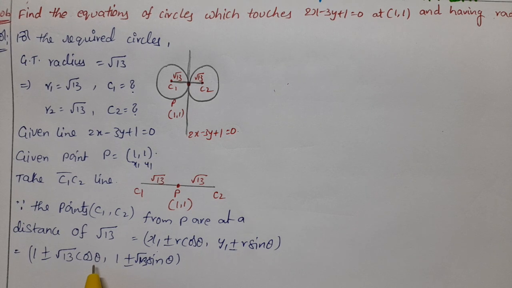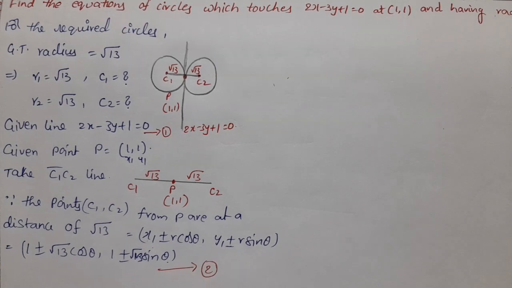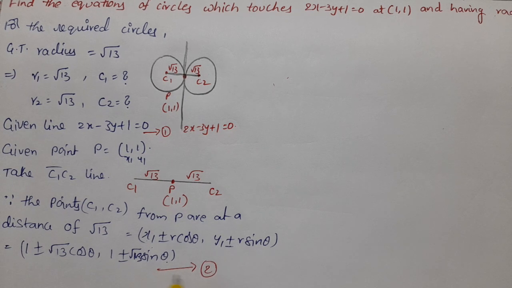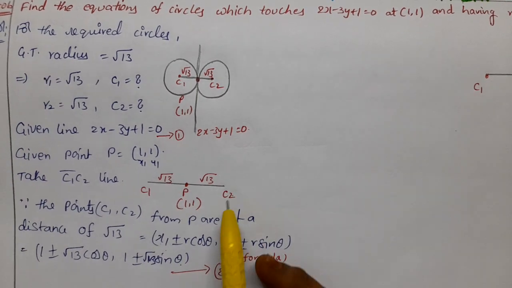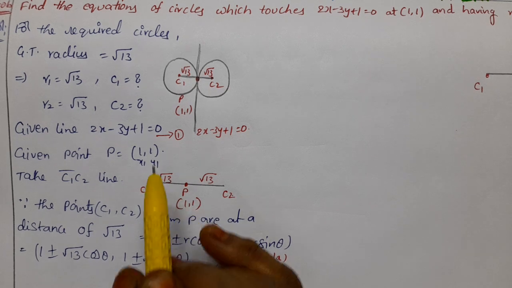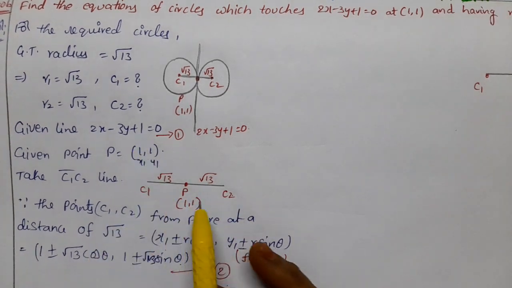So we have to use this formula to calculate points. Now we have to calculate theta. This can be taken as equation 2. To calculate C1 and C2, we have to use the point and the line.